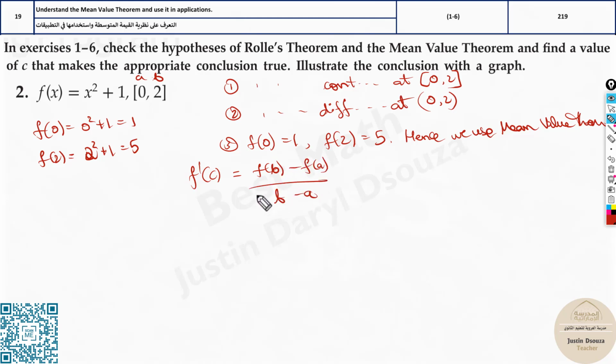This is it. Now what do you substitute? You have f of b, f of b is over here. Before that, I need to find f dash of c. See, now f of c is c squared plus 1. Let me differentiate this. f dash of c would be 2c plus 0.